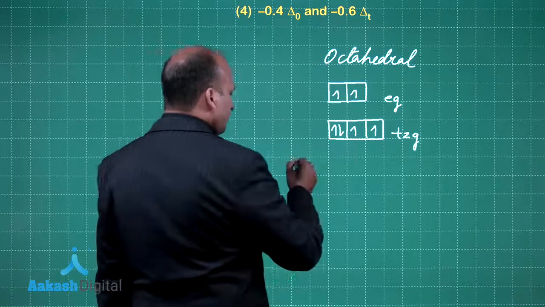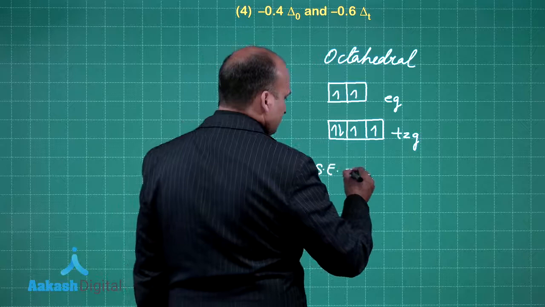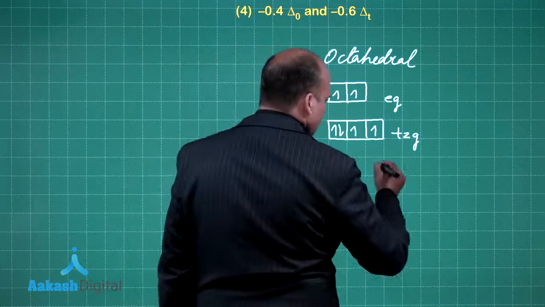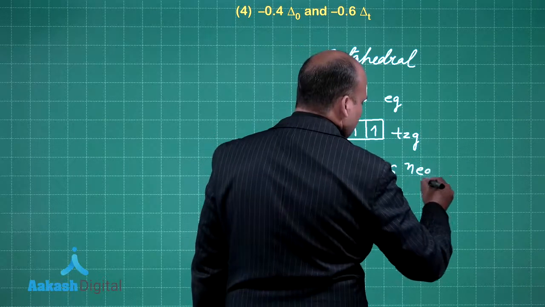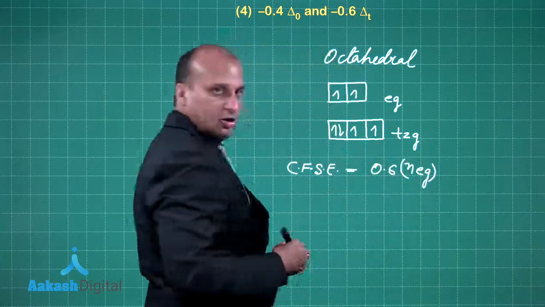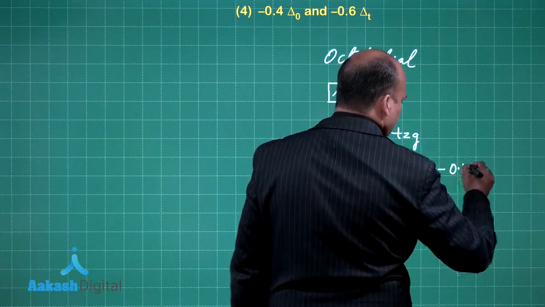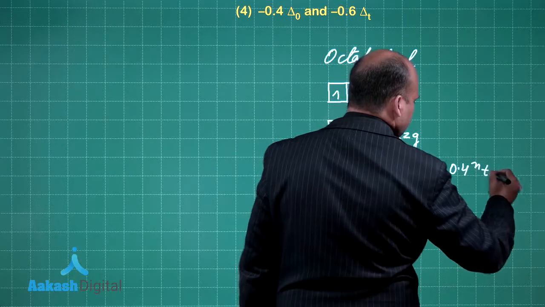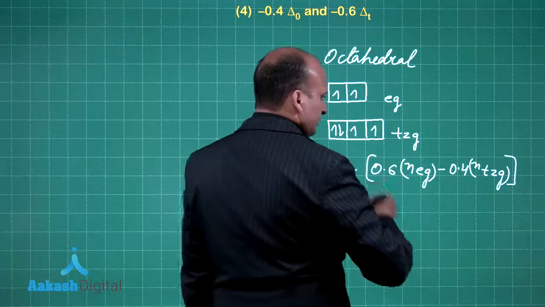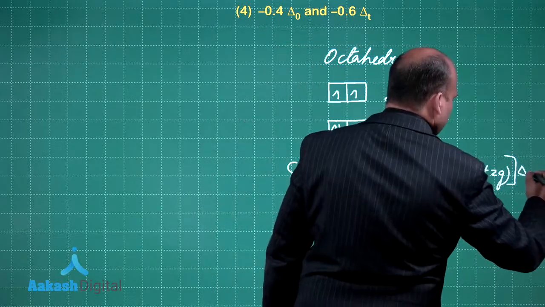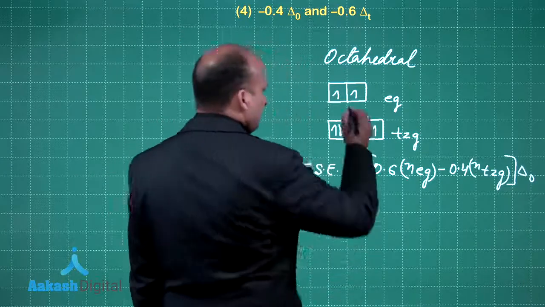Now, what is the formula for crystal field stabilization energy? This is 0.6 into the number of electrons in the eg orbitals minus 0.4 into the number of electrons in t2g orbitals, and this whole multiplied by delta O. How many electrons are you seeing in eg? 2.